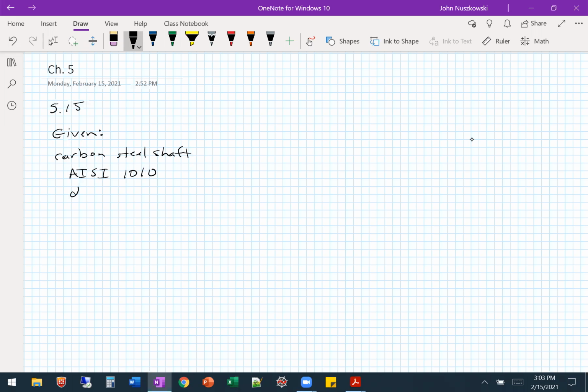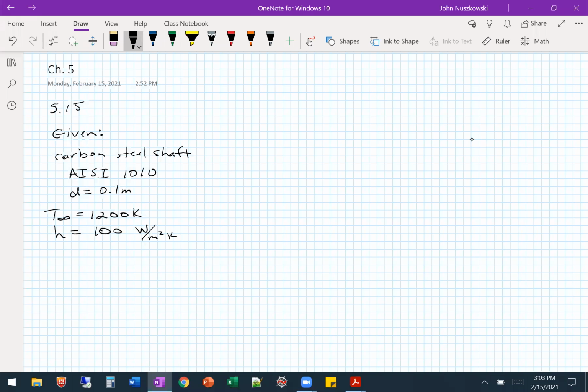The diameter is 0.1 meter. We have T infinity equal to 1200 Kelvin. Convection coefficient is 100 watts per meter squared Kelvin.